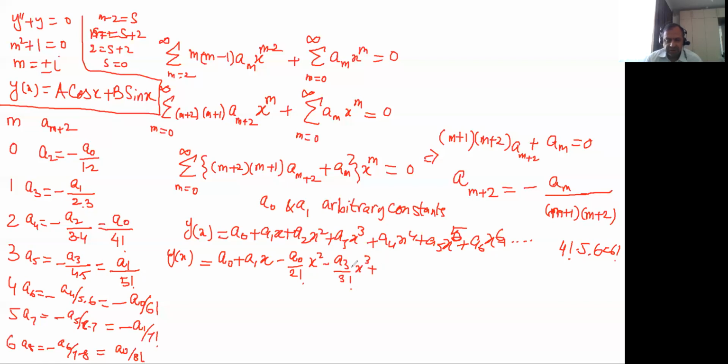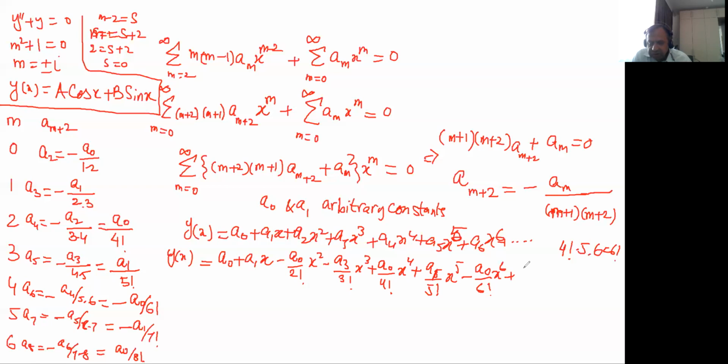And then plus this one is a naught over 4 factorial x power 4, then plus a1 over 5 factorial x power 5, and then the next term is a naught over 6 factorial x power 6.